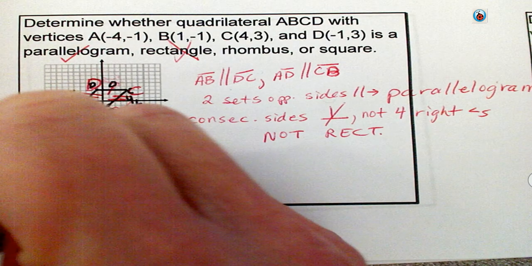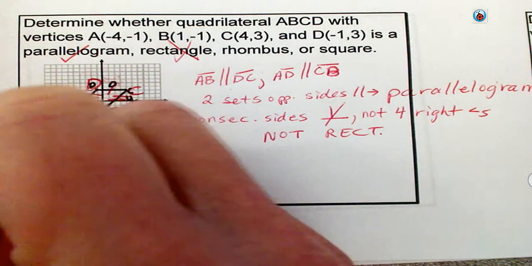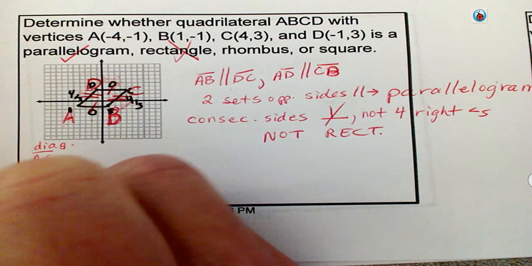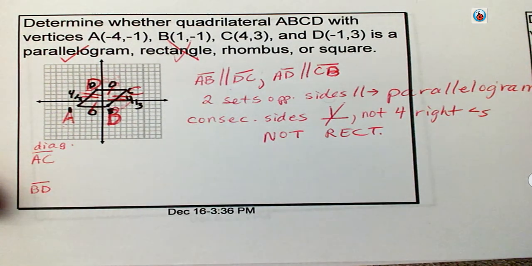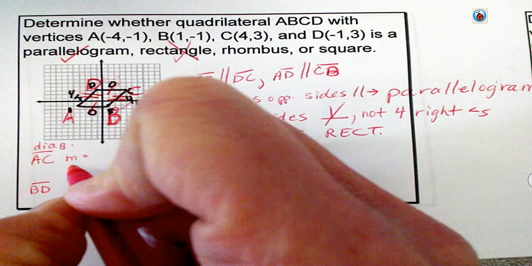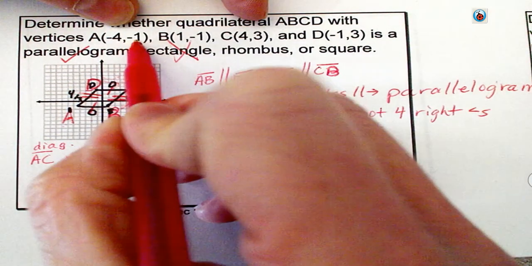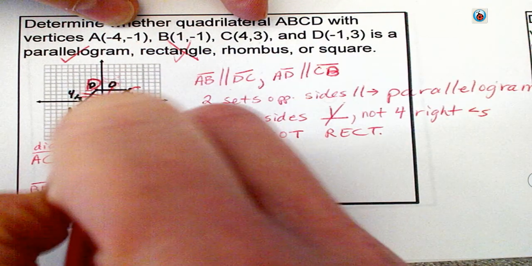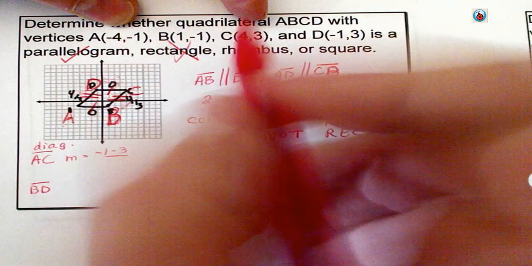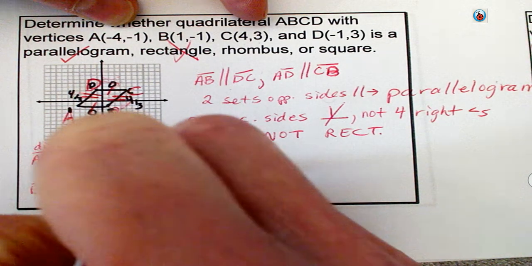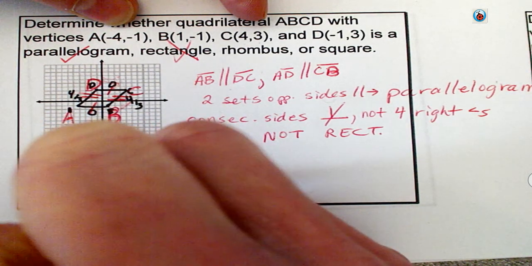So I need the slope of segment AC, that's a diagonal. And I also need the slope of segment BD because that is a diagonal. For segment AC, rise over run, the change in y over the change in x, I have -1 minus 3 over -4 minus 4, or -4 over -8, which simplifies to 1/2.